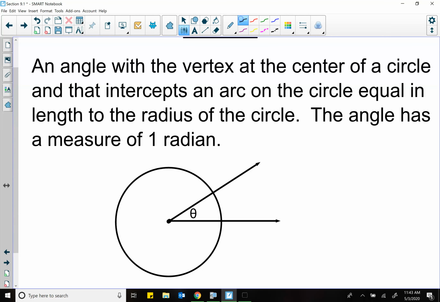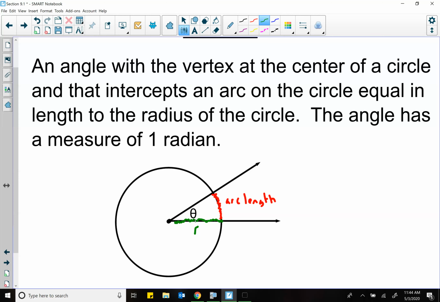So whenever this arc length right here, that's your arc length, and your radius length here, or even on the other radius, whenever these two things are equal, you are creating radians. That's really what a radian is.